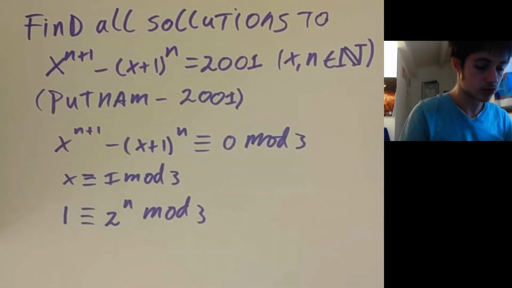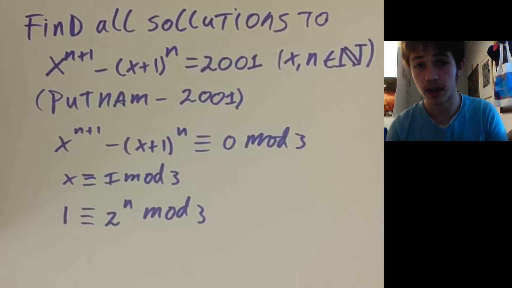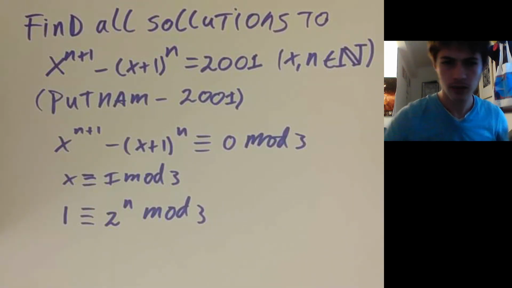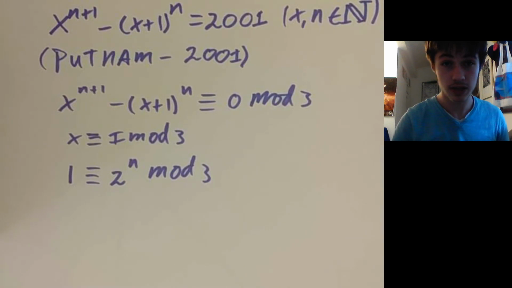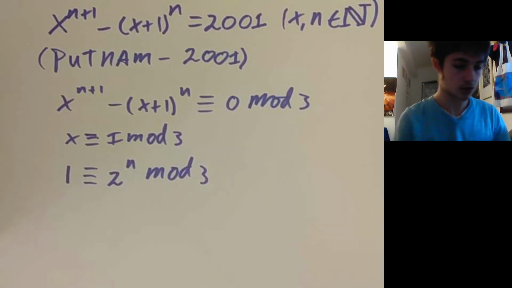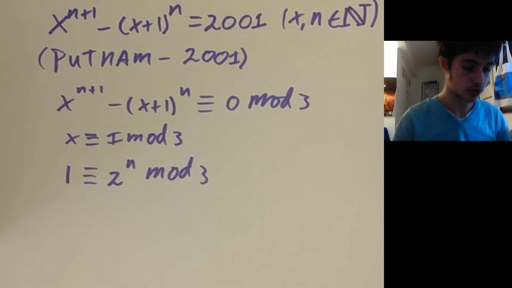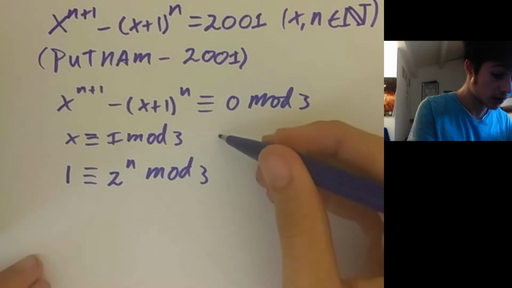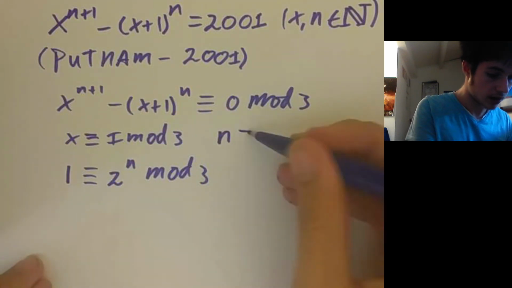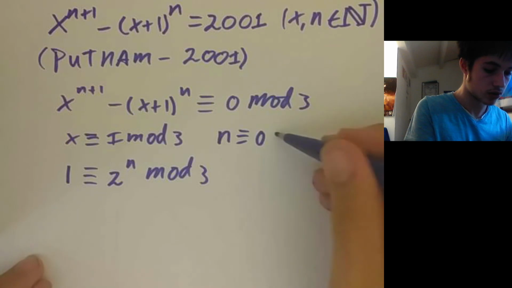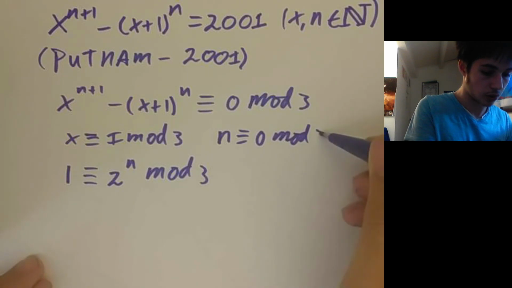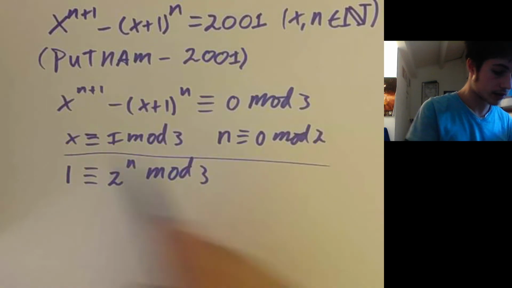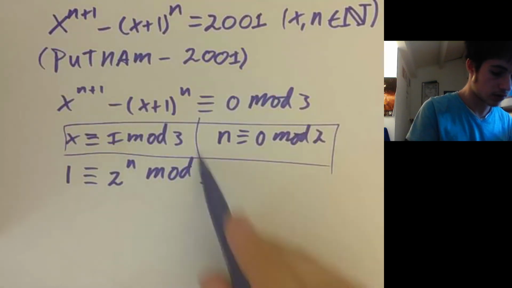And well, 2 is congruent to negative 1 modulo 3. That will be maybe a little bit easier to see, but this implies that n has to be even, because otherwise this part would be congruent to 2. So we not only know that x is congruent to 1 modulo 3, but also that n is congruent to 0 modulo 2. So those are already two quite important facts we've discovered about x and n.